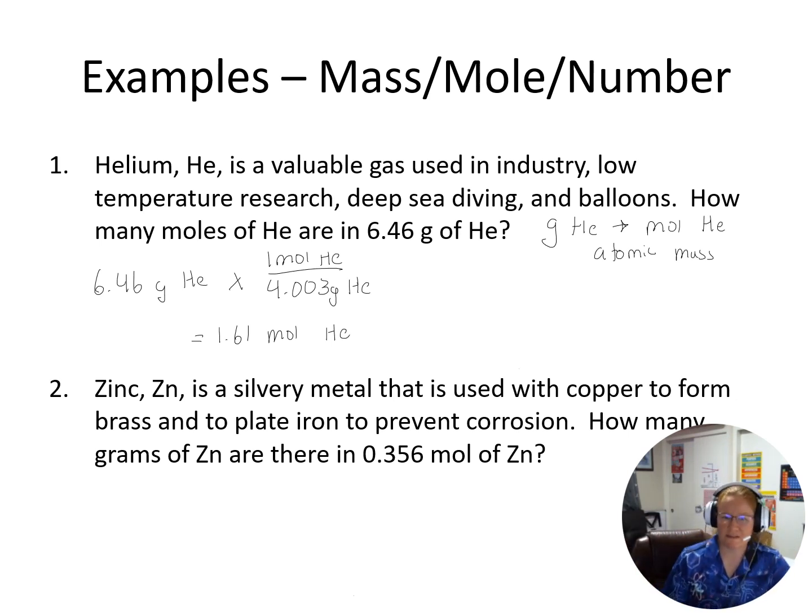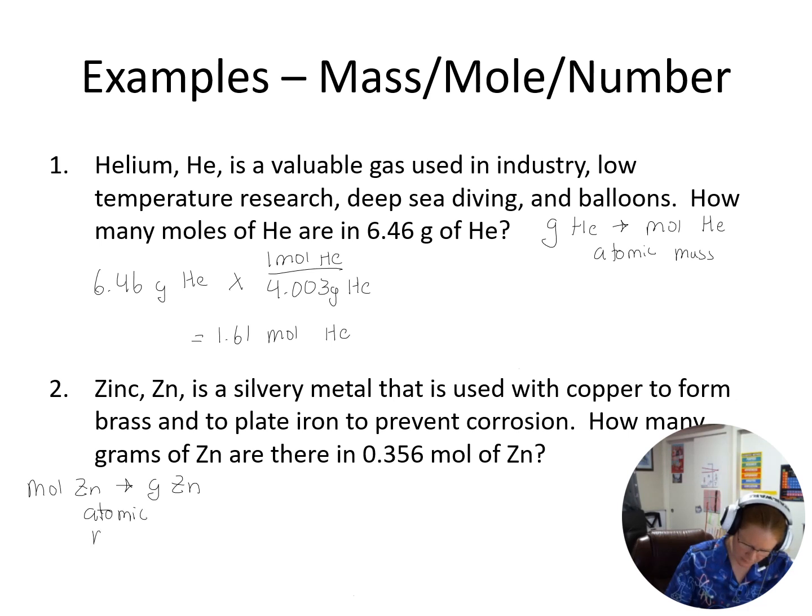So now zinc. I want to know how many grams of zinc we have in a certain number of moles. So here I'm going from moles of zinc to grams of zinc. And again, I need that atomic mass. I look on the periodic table and it's 65.39 grams per mole.